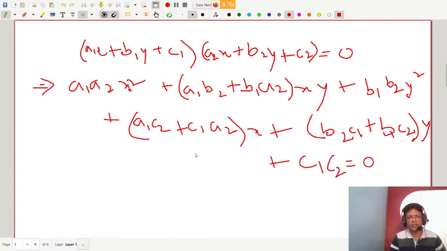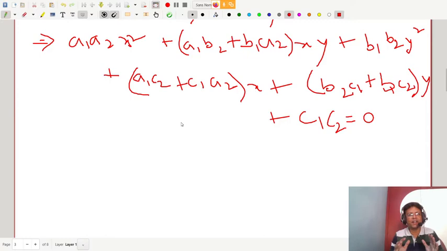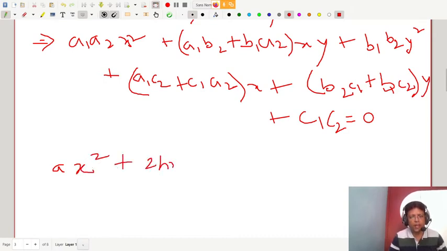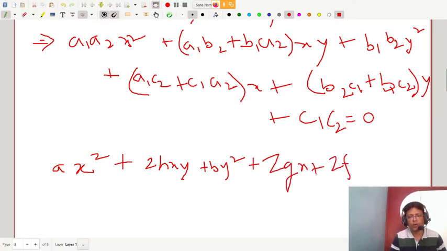So look at that, you got a general equation of second degree. What is the general equation of second degree? It can be written as ax squared plus 2hxy plus by squared plus 2gx plus 2fy plus c equal to 0.